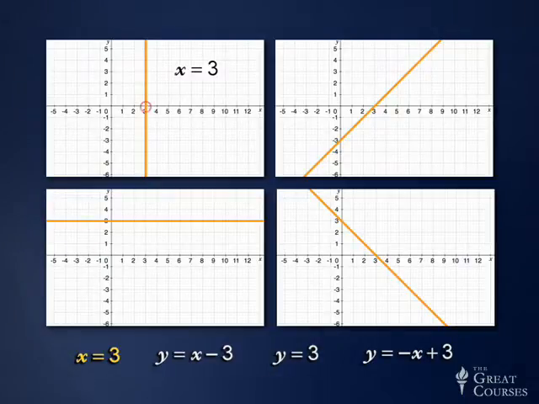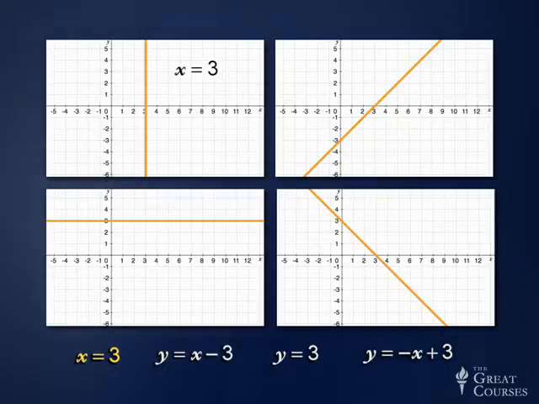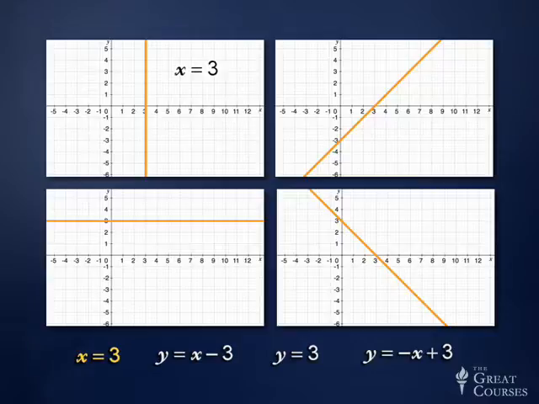So you might be at 3, 0, or 3, 1, or 3, 2. All of those points line up one above the other. And if you connect those dots, you're going to have a vertical line. So the first equation, x equals 3, must match up with a vertical line that you see on your screen going through the point 3, 0, for example.